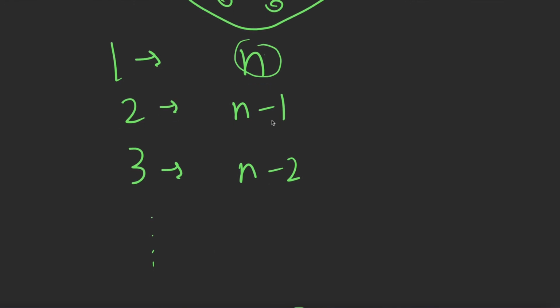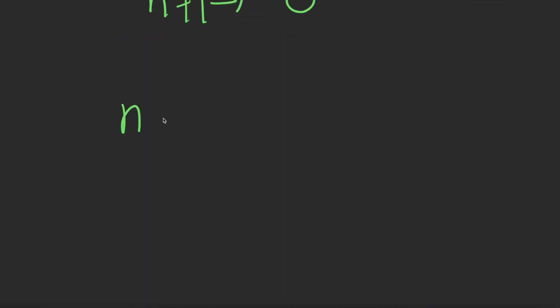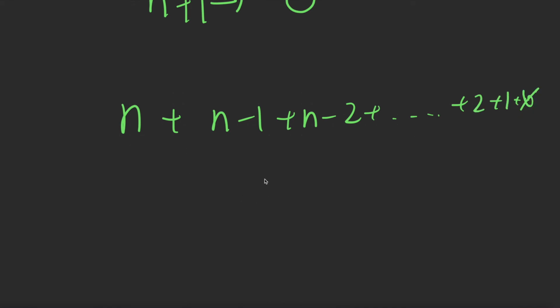So the total number of combinations you get is n plus n minus 1 plus n minus 2 plus dot dot dot plus 2 plus 1 plus 0. Let's not count that. And that we know is n plus 1 c2, because that is the total number of ways of selecting two people from n plus 1 group.